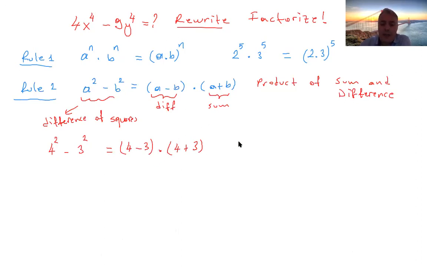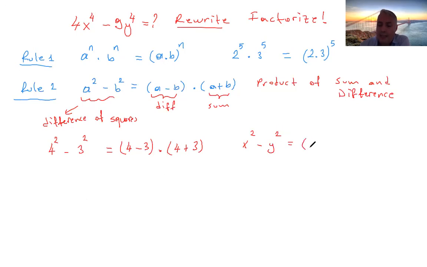Now, for example, if I have x to the power of 2 minus y to the power of 2, so first number to the power of 2 minus second number to the power of 2 is equal to the difference of two numbers times the sum of those numbers.